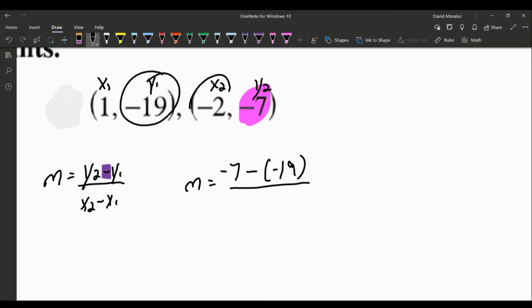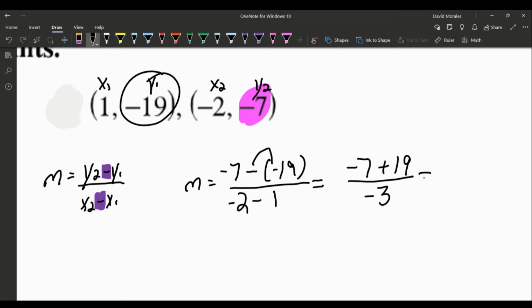Okay. Over x2 is negative 2 minus, you see that minus sign down there? So I always put a minus. Minus what? Minus 1. Okay. So I distribute the signs here. So negative 7 plus 19 over negative 2 minus 1 is negative 3.